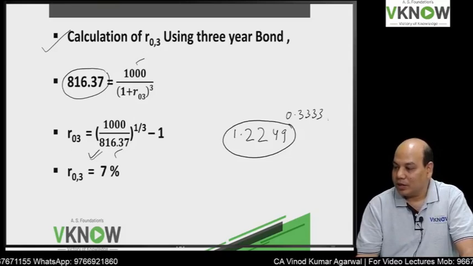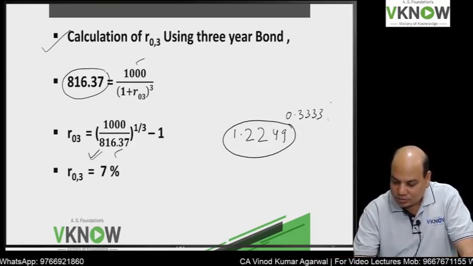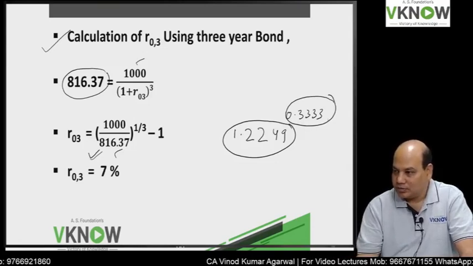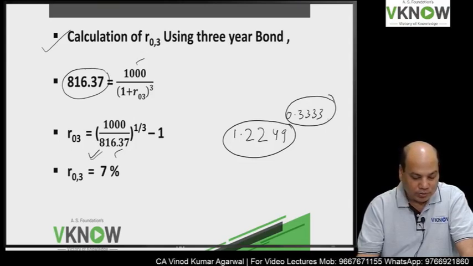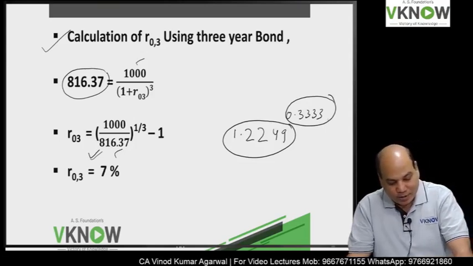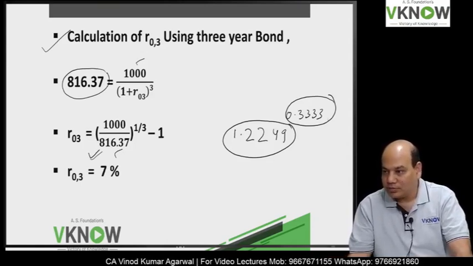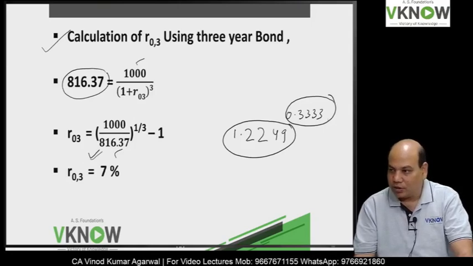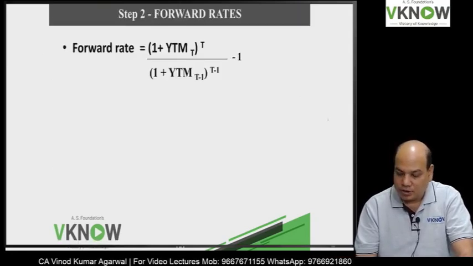Then minus 1. Multiplied by 0.3333 plus 1. Multiply equal to 12 times. So how much is that? 1.07. So 1.07 minus 1 gives 0.07. Therefore, the answer is 7%.